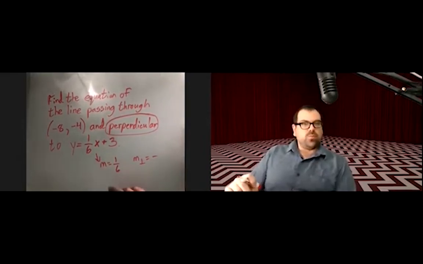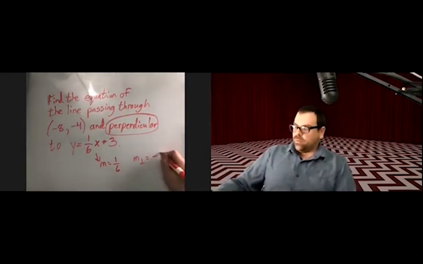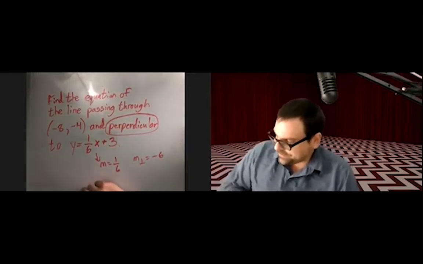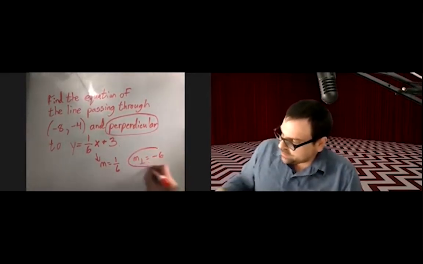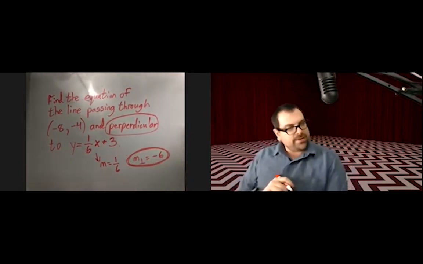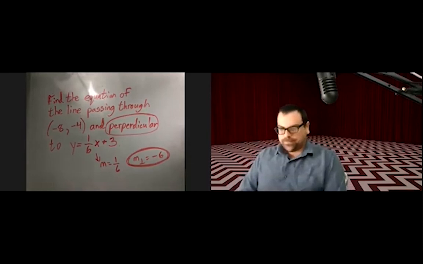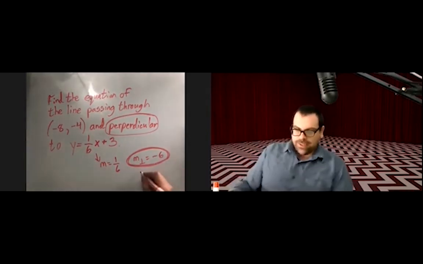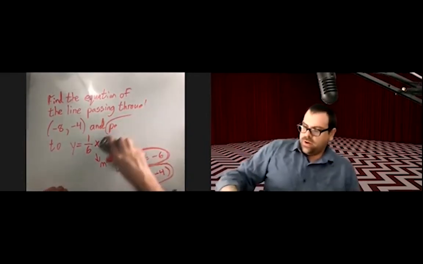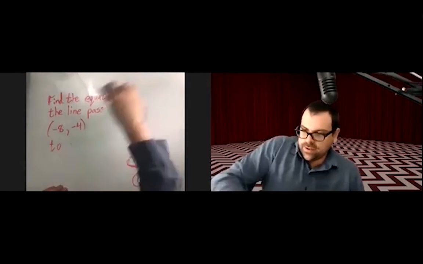Reciprocal, instead of 1/6, 6/1. 6/1 is just 6. So the perpendicular slope that we need is -6. We want to go through the point (-8, -4). That's a point. That slope, that can get us started.